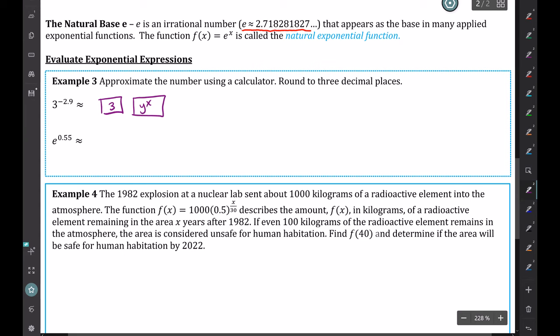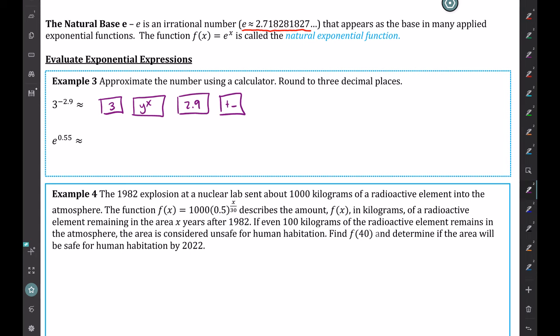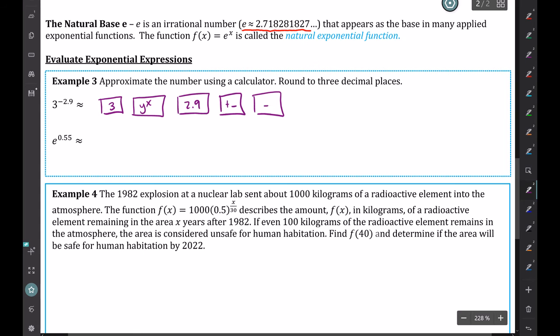So there's a y to the x button, and then you're going to plug in 2.9, and then you're going to hit plus or minus. So what that is doing is it's saying take 3, raise it to some power, and that power is going to be -2.9. So you had to enter in 2.9 and then make it negative by hitting the plus or minus button. And then you hit the equal sign.